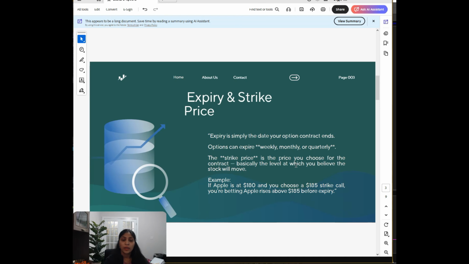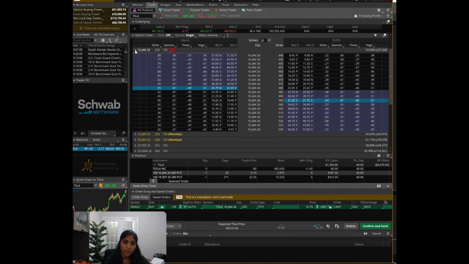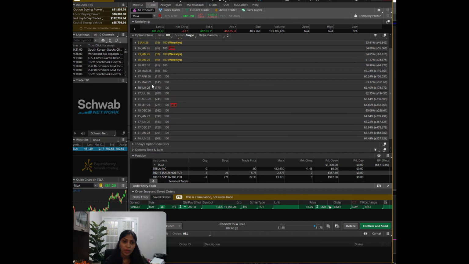And here in the option chain, we basically need to understand the strike price, premium, and expiry. If we see the expiry, in this chain we have weekly, and some are monthly and quarterly expiries.